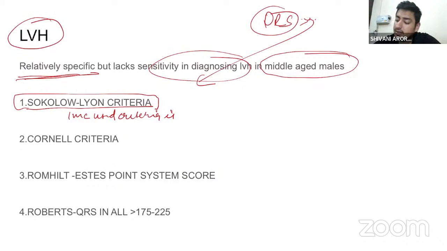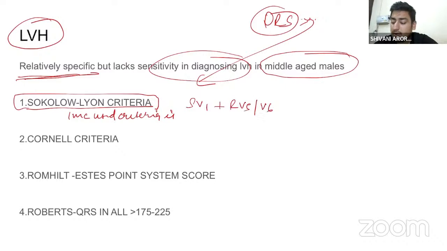In this criteria, we measure S in V1 plus R in V5 or V6, and their sum should be equal to or more than 35 mm. This is the first component of this criteria.